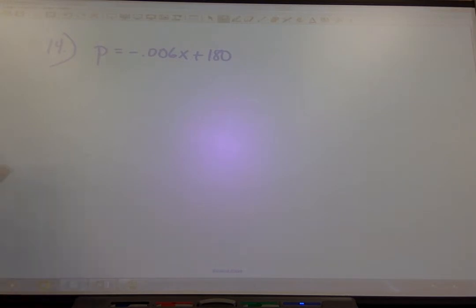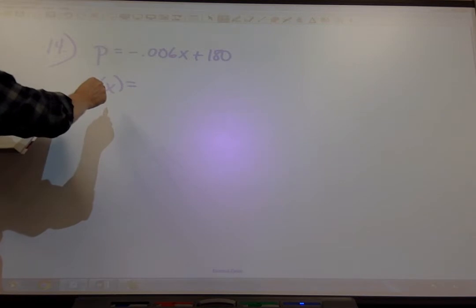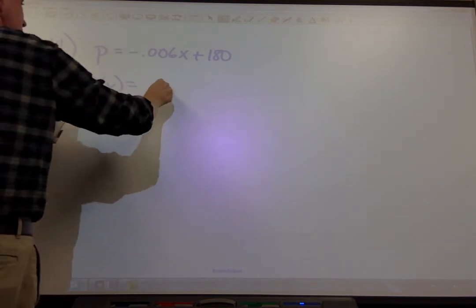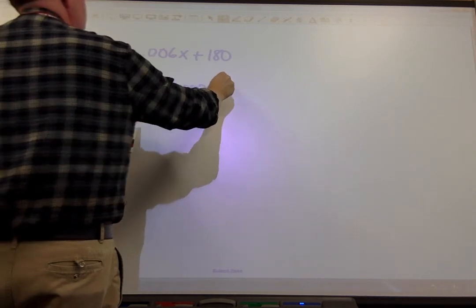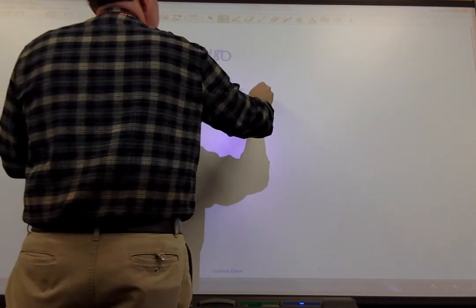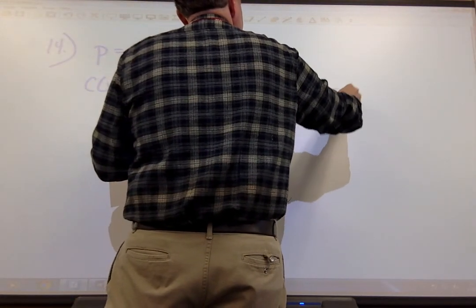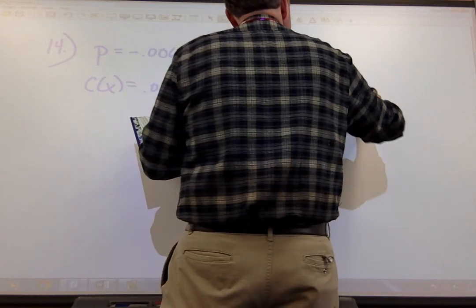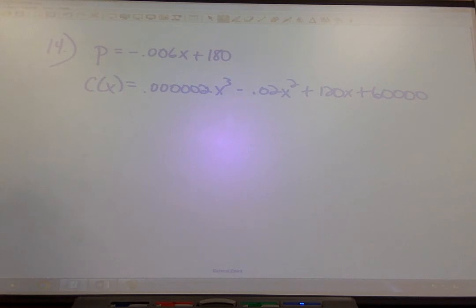And the cost function is another ugly one. It's x cubed minus 0.02x squared plus 120x plus 60,000. Very good. Then they say answer the questions from exercise 13 above for this problem.